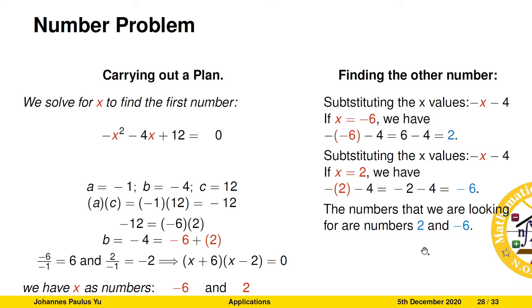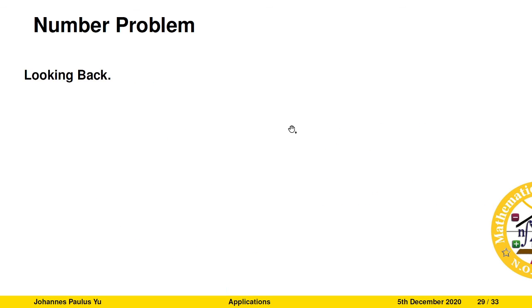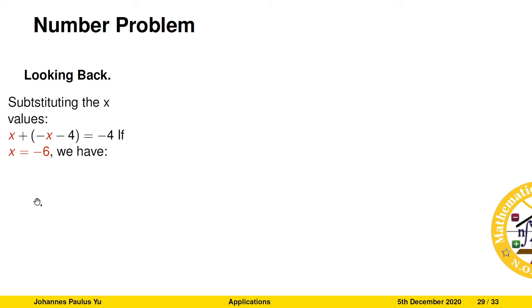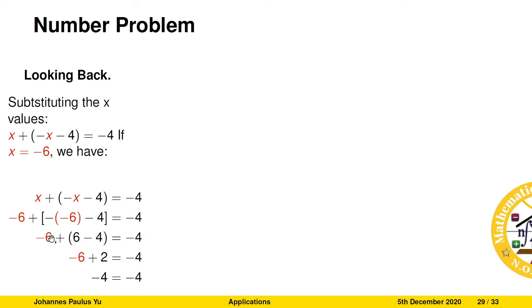Are we really sure that we are correct in this claim? Let us try to find out by looking back. We will substitute. If x is equals to negative 6, this is the first representation. That must be equal to negative 4. Ang tanan x, ilis nilang negative 6. We change this into bracket symbol because naa na tayo gamit na parenthesis.